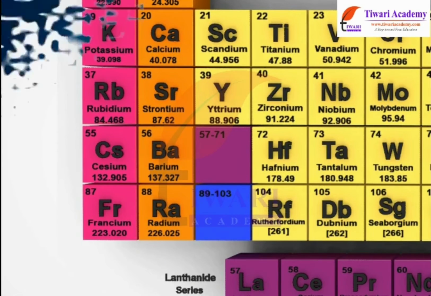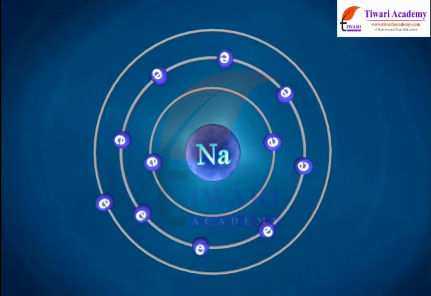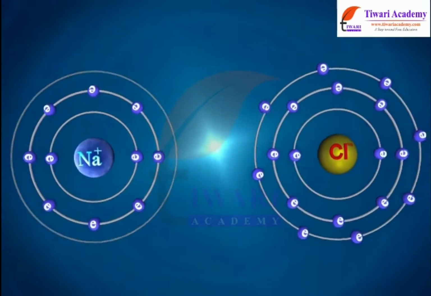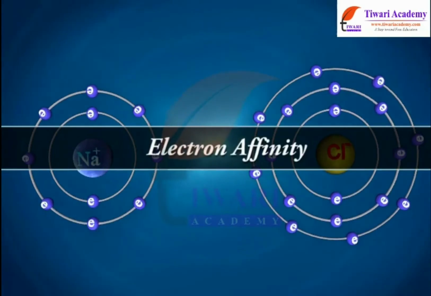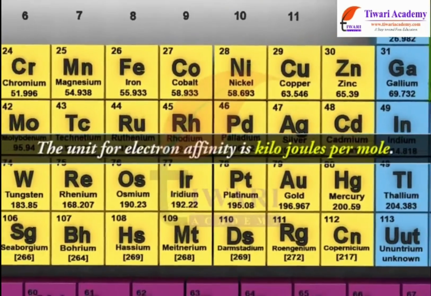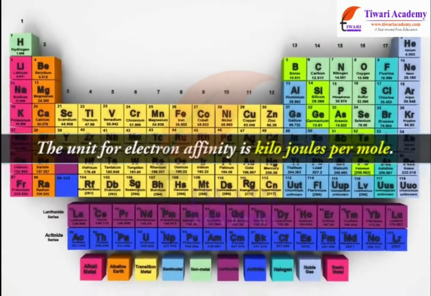The energy released when an electron is added to a neutral gaseous atom is known as electron affinity. The unit for electron affinity is kilojoules per mole.